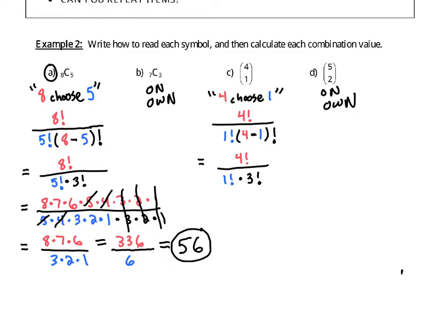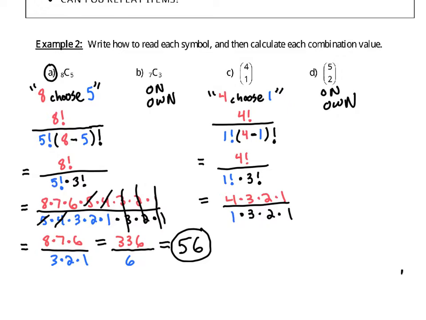Moving on to example 2C, we have 4 choose 1. I'll plug the values into the formula as you see, and I will start to simplify. Once I get it to only factorial statements, I will then try to simplify those by canceling out common factors. I have 4 times 3 times 2 times 1 in the numerator, and I have 1 times 3 times 2 times 1.